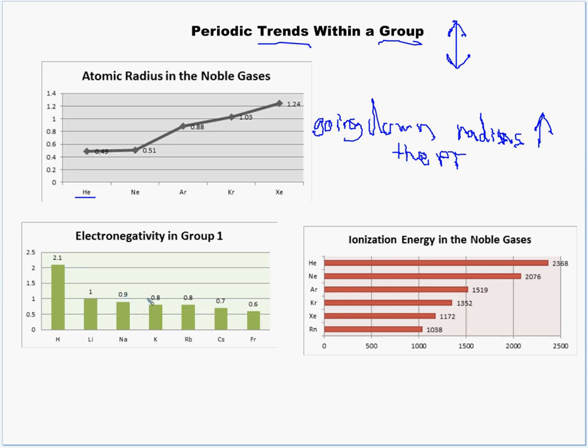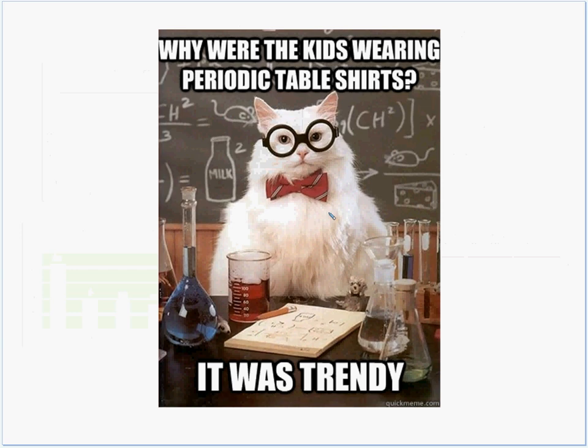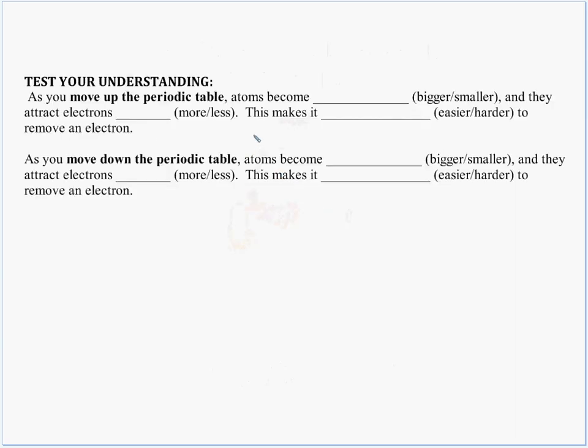So as you're going down, the electronegativity is going down. So down the periodic table, electronegativity goes down. And going down the periodic table this way, the ionization energy is going down too. So electronegativity, ionization energy both go down. Atomic radius is going up. Okay, same thing as last time.